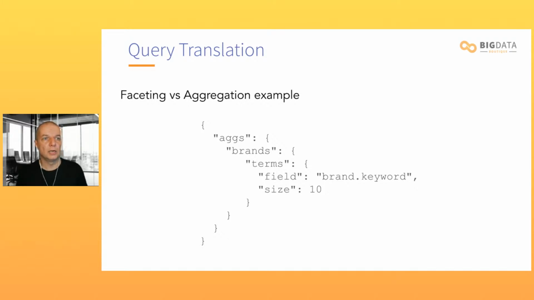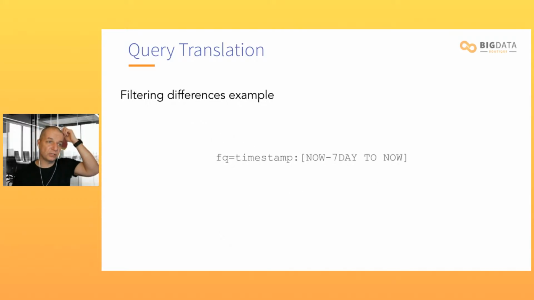So it's prepared for efficient aggregation, usually using doc values to not overload the heap memory and so on and so forth. So, difference in filtering, as we mentioned, fq in Solr, timestamp now to -7 days, right?